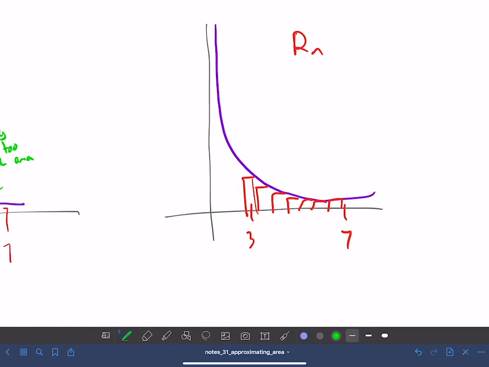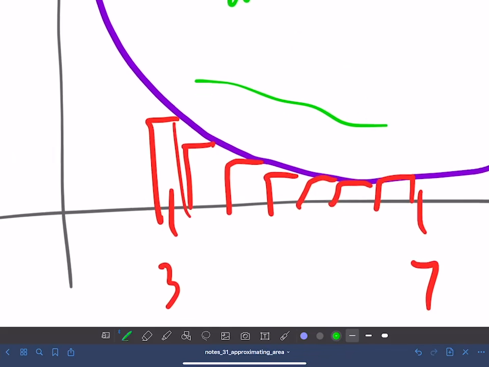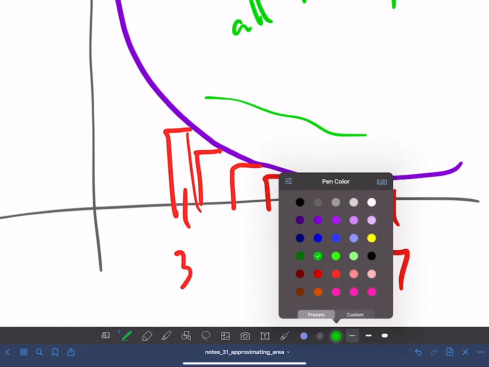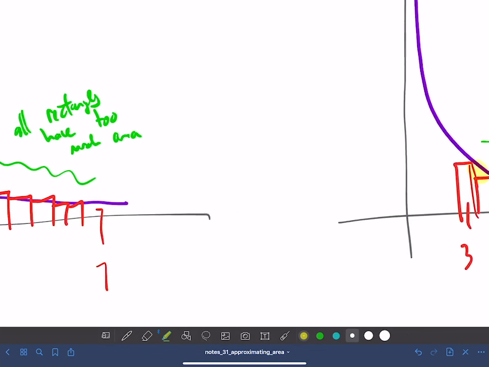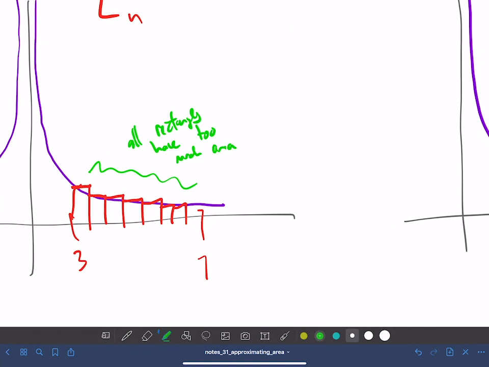Over here, all rectangles are too small. Right? They all have these gaps. Like, let me shade the area that we're missing. We're missing that area, that area, that area, right? Those areas above, whereas over on this side, I have too much.